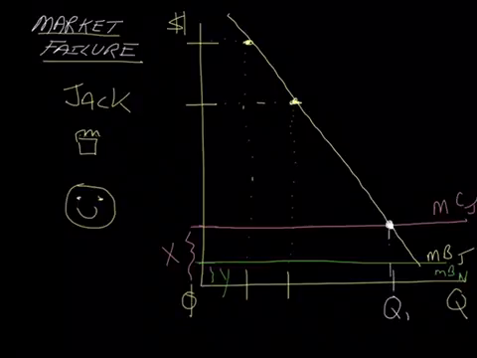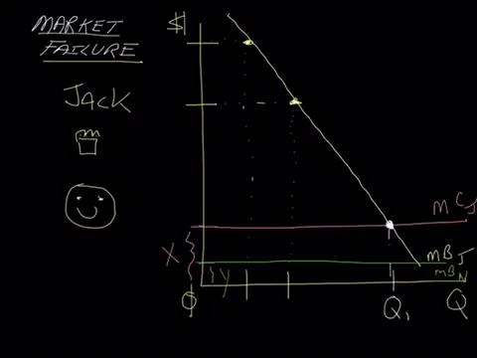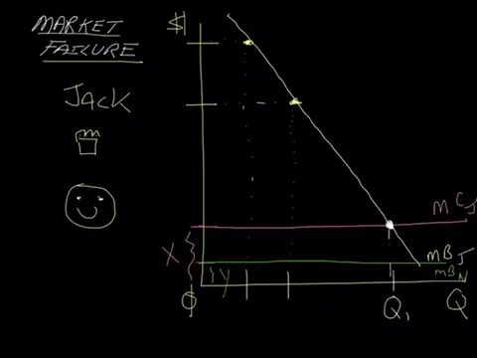Now, taking this one step further, we can add the marginal benefits that are received by the neighbors from each batch to the initial marginal benefit that Jack received himself.